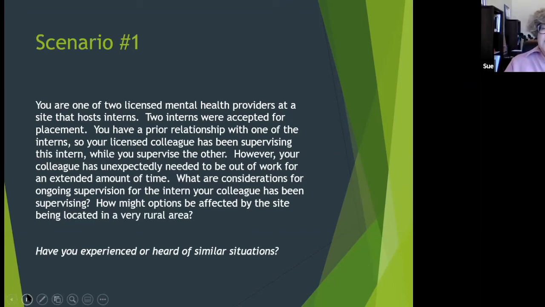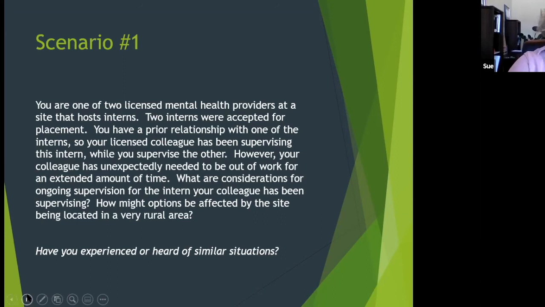What are the considerations for the ongoing supervision of the intern that you have a relationship with, who still needs to be supervised? And we live in a very rural state. So what would be considerations for the ongoing supervision of that person if you were in a very small community? That's scenario number one.